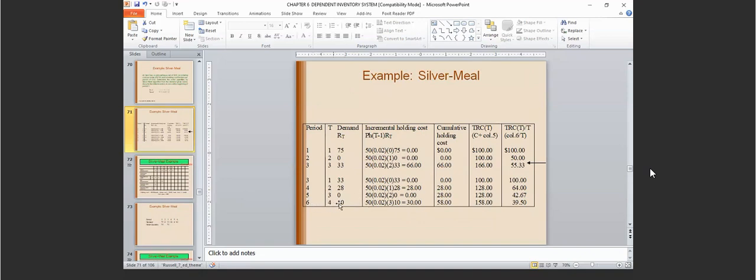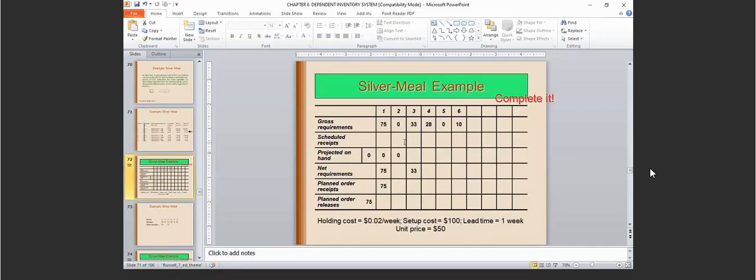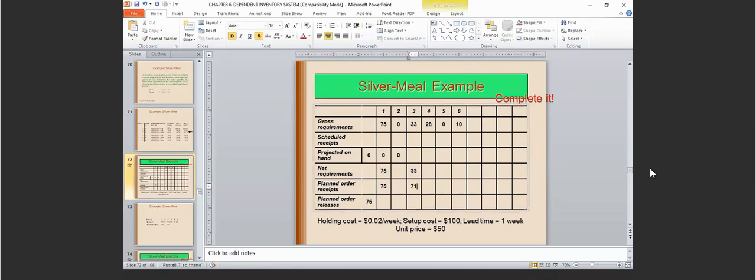So in our example analysis here, we stop at the period 6 with the T value of 4, and we decide to determine the order quantity by including the periods 3, 4, 5, and 6. So we have here 33 plus 28 plus 10, so we have 71 units.